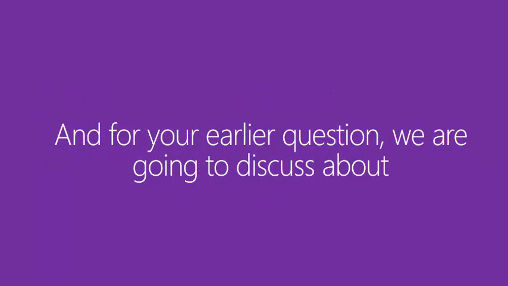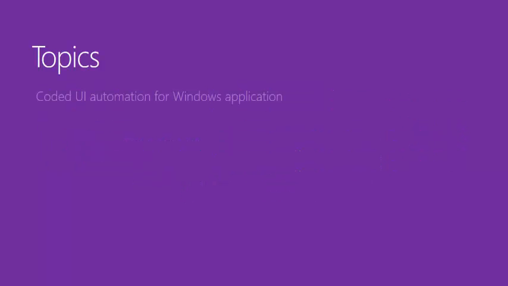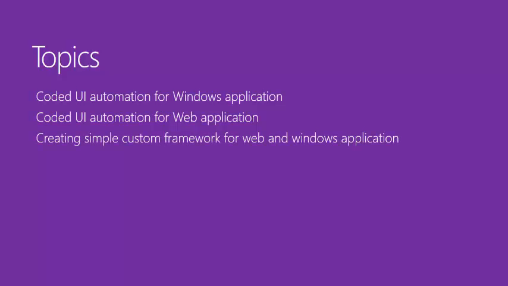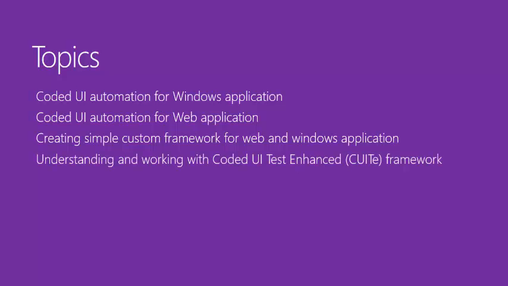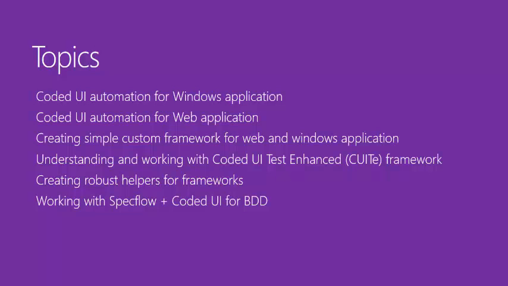And for your earlier question, we are going to discuss Code.ui automation for Windows applications, Code.ui automation for web applications, creating a simple custom framework for both web and Windows applications, and understanding and working with the Code.ui Test Enhanced framework. We'll then cover creating robust helpers for the frameworks and working with SpecFlow plus Code.ui for BDD.